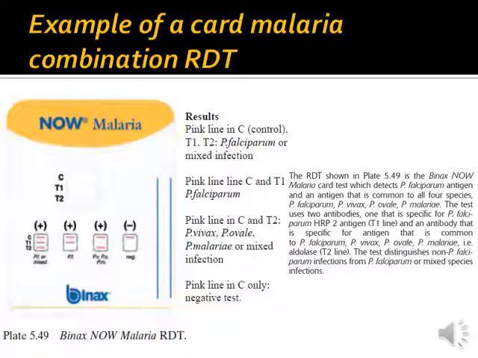So it could be either Plasmodium falciparum infection, Plasmodium falciparum infection mixed with Plasmodium vivax, ovale and malariae infection, or it could be only the infection which is caused by Plasmodium vivax, ovale and malariae, since the test is not coming out positive for histidine-rich protein 2.